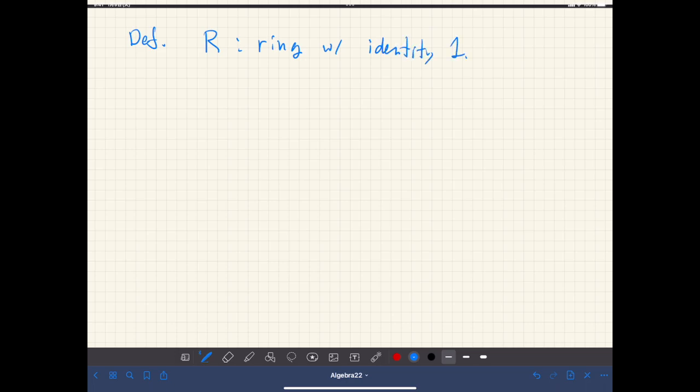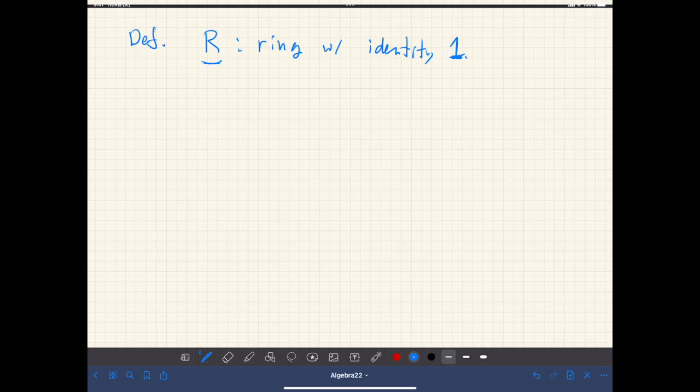This 1 means it's not the number or integer 1, but a special element of this ring R, which we happen to denote by this symbol 1. And this acts as the multiplicative identity element of this ring.